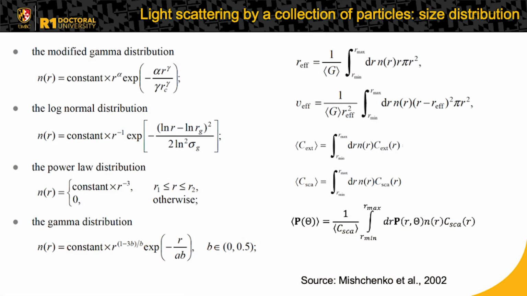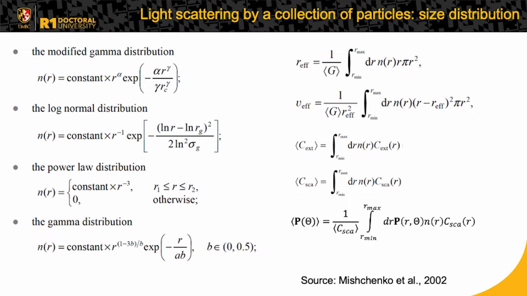Okay, now the size distribution. The particles appear in different sizes. They have a distribution. These are the size distributions that we commonly use. I want to give you a heads up on the log normal distribution. This is often used in the aerosol community. The aerosol community uses a bimodal log normal. Namely, this is just one mode.